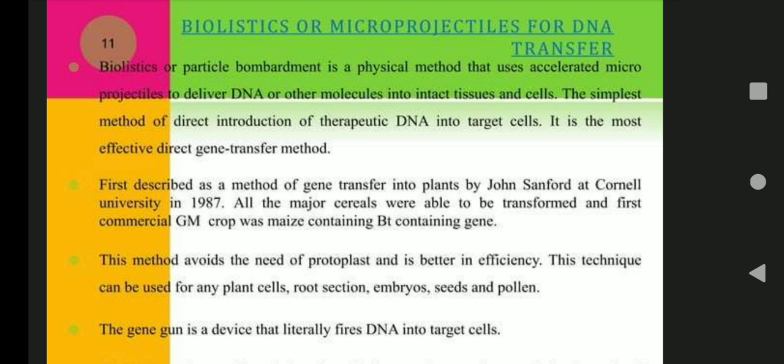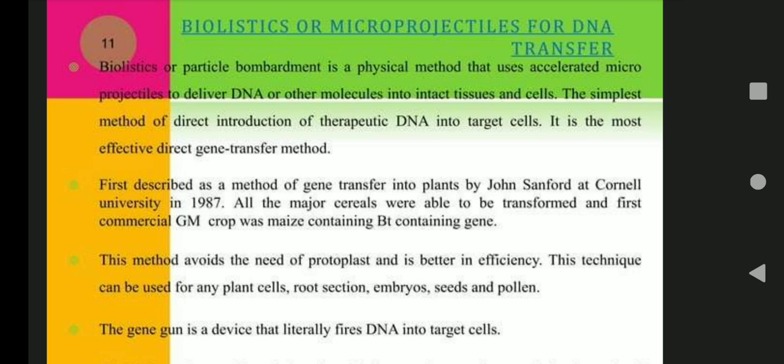What is Bt cotton? It involves a special bacterium called Bacillus thuringiensis, a bacterium that produces a toxin called Bt toxin, which is capable of restricting the attack of pests and insects. This Bt toxin is introduced by the biolistic method.